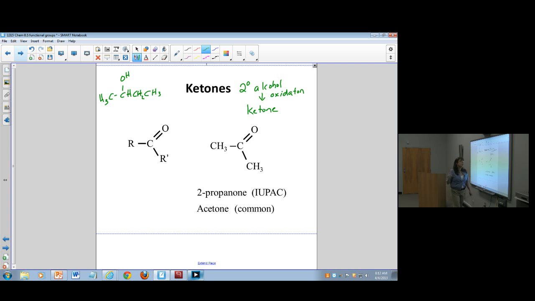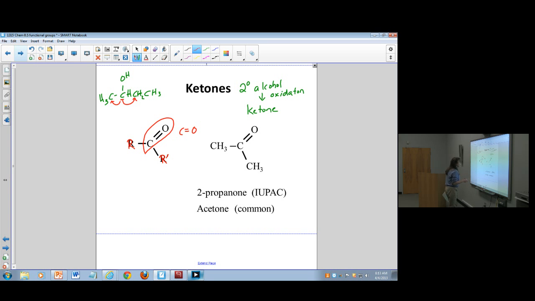So that's our secondary alcohol because this carbon is attached to 2 carbons. Now this ketone has another carbonyl group. In this case, we have some chain and another chain, any kind of hydrocarbon chain, but somewhere in the middle, not at the end, you get a carbonyl group that's just a C double bonded O.